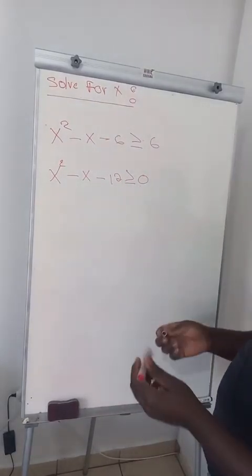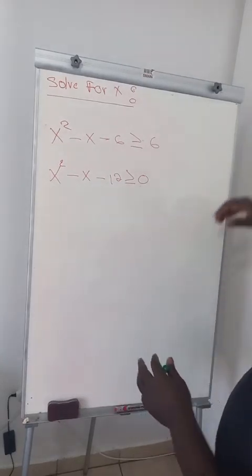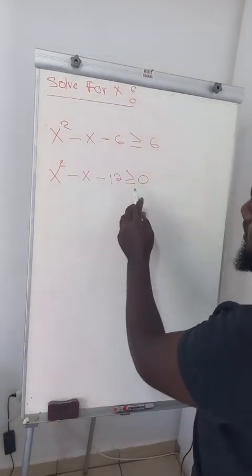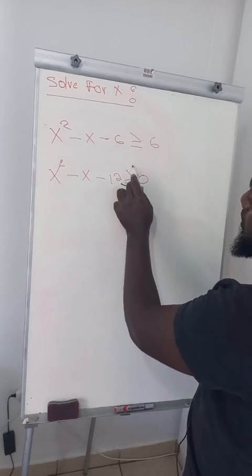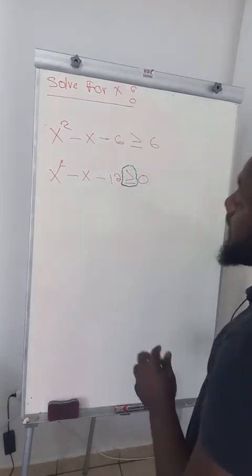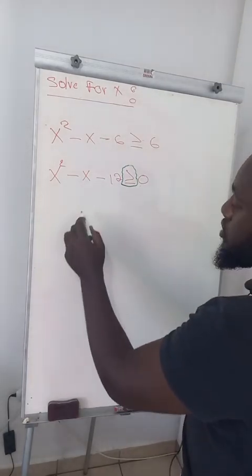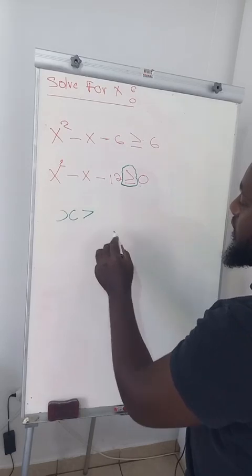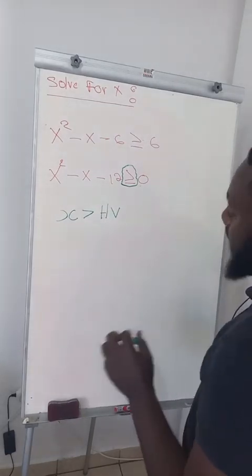So like I said, I'll try to explain something on this. Once you're dealing with inequalities, if you get this expression here, which has a greater than or equal sign, it means your final answer needs to be what? It needs to say x is greater than the highest value which you'll get.